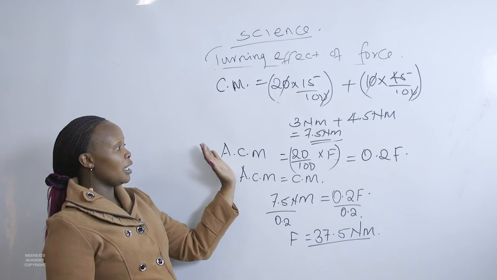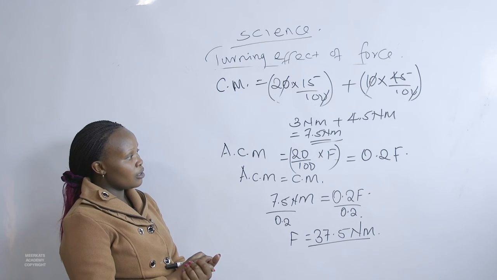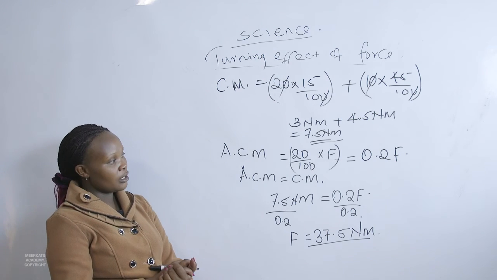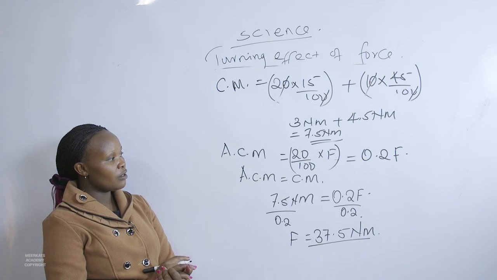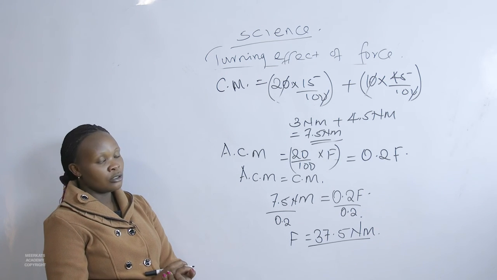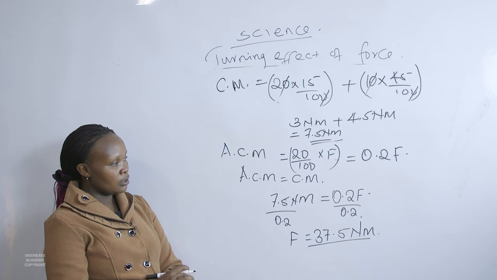Now again, the anti-clockwise moment will equally be given by those forces that would turn our system in the anti-clockwise direction if they were to be left to act on the system alone.